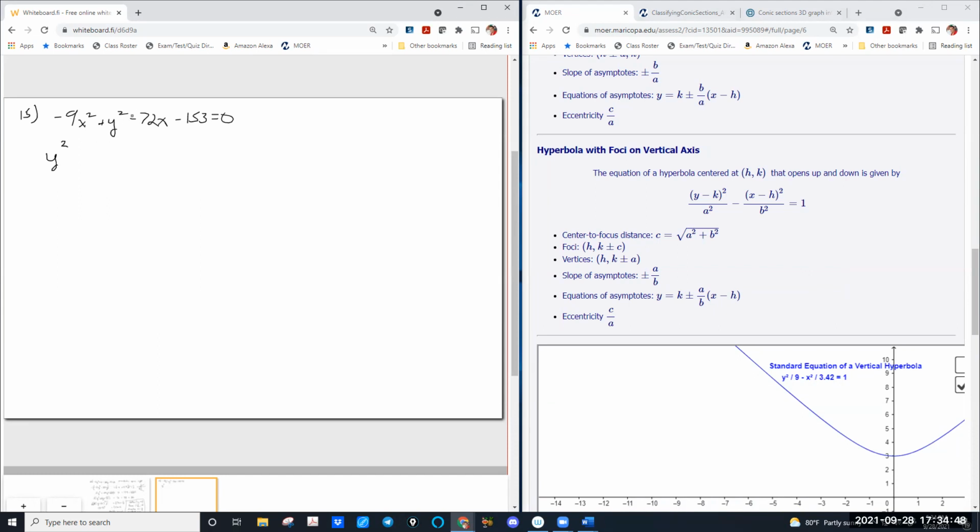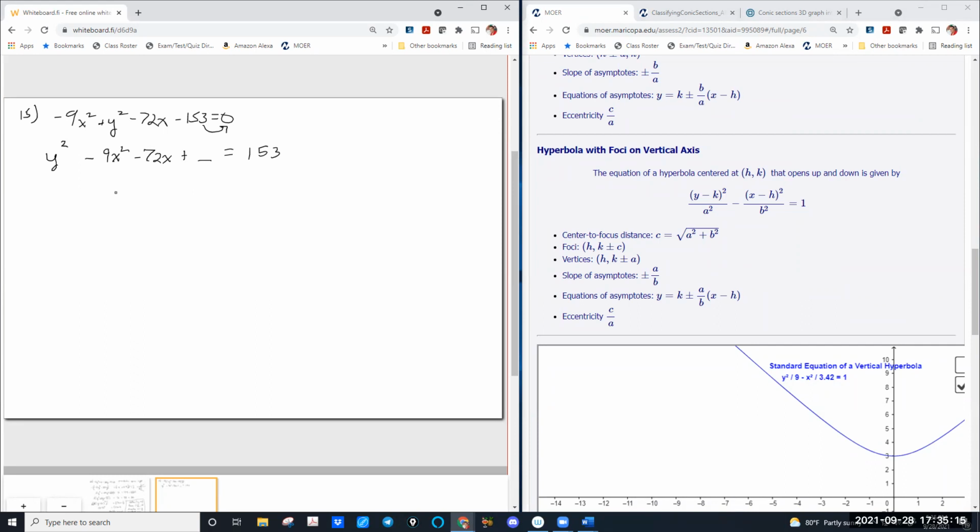But if there was like a 25y term, I'd put plus 25y, leave a space because I'd have to complete the square in y. Okay. Now minus 9x squared minus 72x, and then I'm going to be adding some number on the end. I'm going to take the 153, bring it over to the other side with addition, so equals 153.